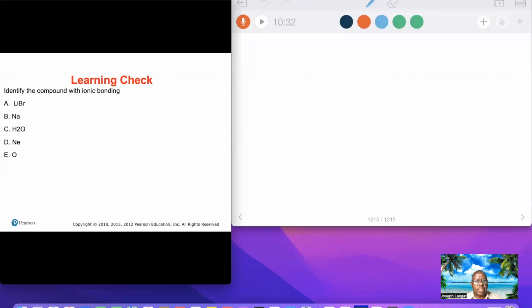Use the periodic table: if it's a metal and a non-metal, you know it has an ionic bond. This has a metallic bond, and this has covalent bonds between non-metals.